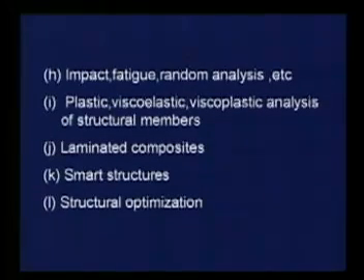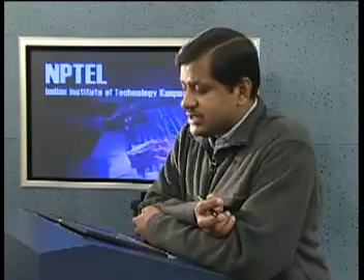Our ALH, which is the Advanced Light Helicopter that India has made, and LCA, the Light Combat Aircraft, are mostly composites based air vehicles. So the analysis of laminated composites also becomes very important, and most of these places where these things are designed and manufactured use finite element analysis to give them the preliminary design.